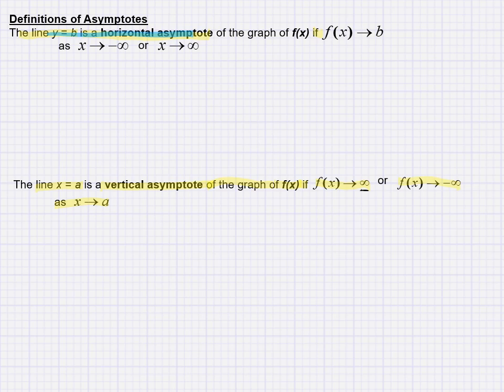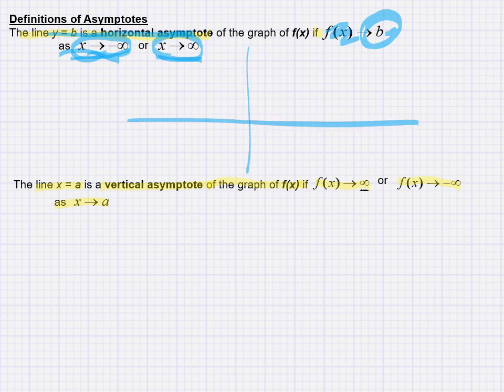Horizontal asymptote is going to be some horizontal line that your function will get closer and closer to as x goes to either positive or negative infinity. So if x is getting closer to negative infinity or x is getting closer to positive infinity, you're really talking about the ends of each graph.